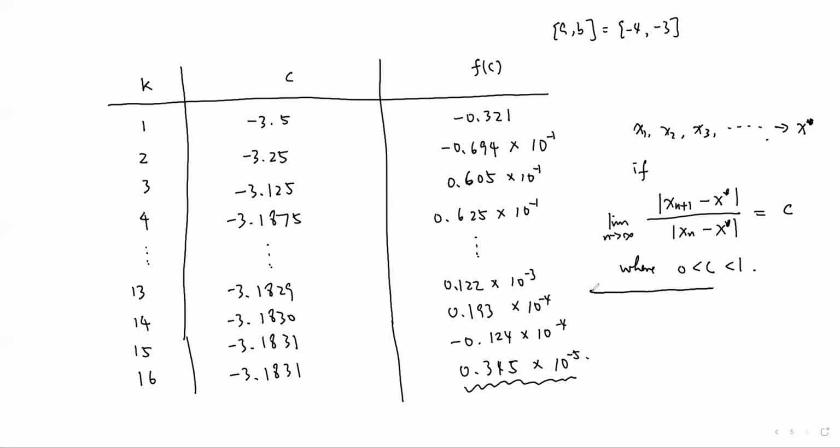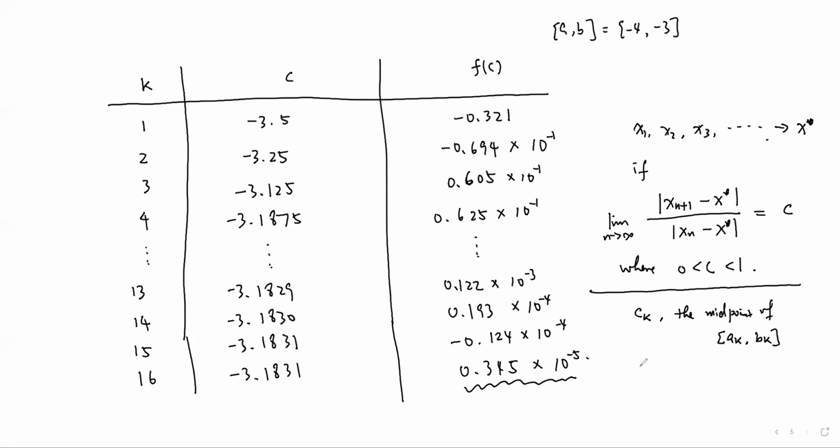Bisection method here. Usually, the midpoint c_k is the midpoint of a_k, b_k. Let me use a_k, b_k to denote the interval [a, b] in step k.